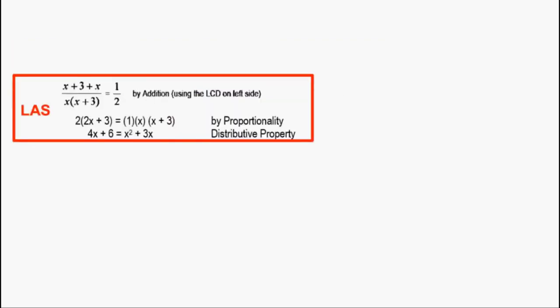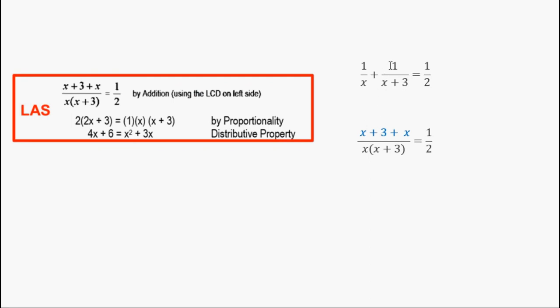Okay, let us explain. Ito yung given natin. Ang ginawa dito is kinuha muna yung LCD ng left side na x and x plus 3. Then, multiplying the LCD to each term in the numerator, that is 1 over x times the LCD, kaya naging x plus 3, na-cancel yung x.